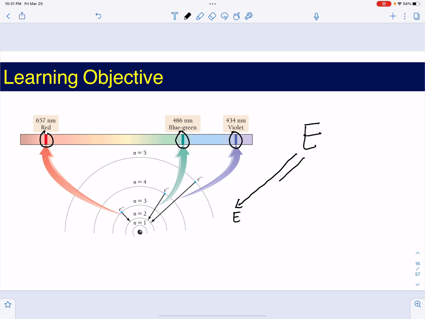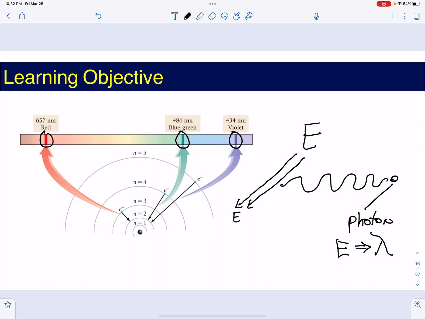So for this to make it to that, it's going to have to release energy in the form of a particle, a photon. And the photon has energy that is related to the wavelength. And that's what we see here, the wavelength. Remember, wavelength is measured in meters, right? So these are nanometers.